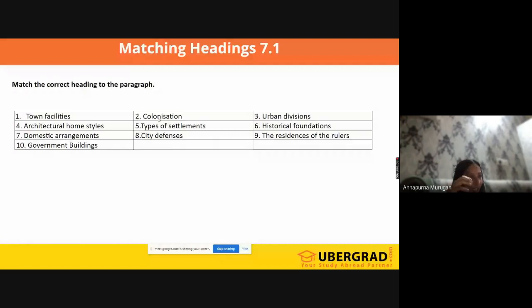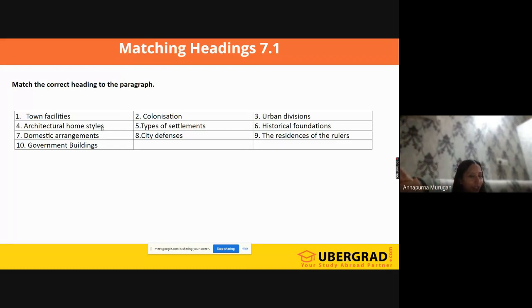Whether it is talking about urban divisions here, no. It is not talking about urban divisions. Urban is what? City kind of thing. Town is not exactly a city. Yeah, Avani has got the answer here. Type of settlements. Before going there, architectural home styles, they are not talking about that.